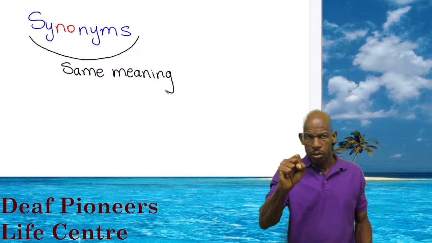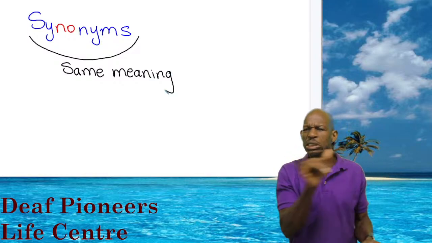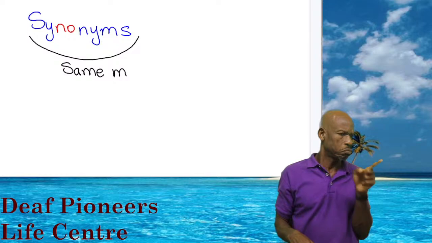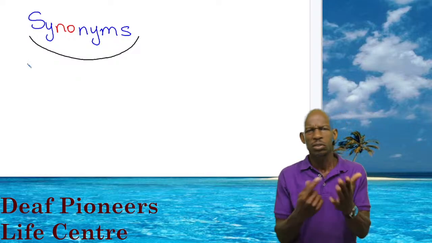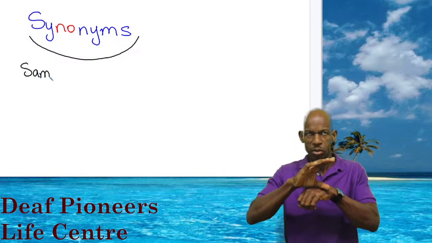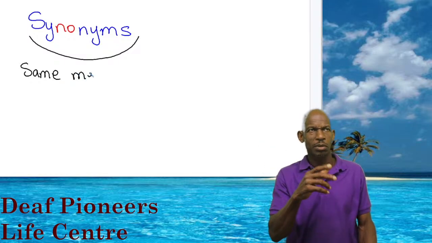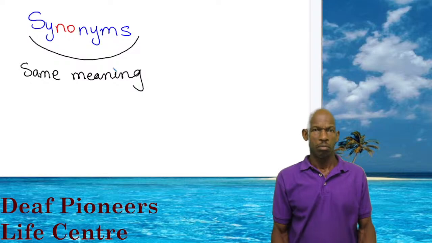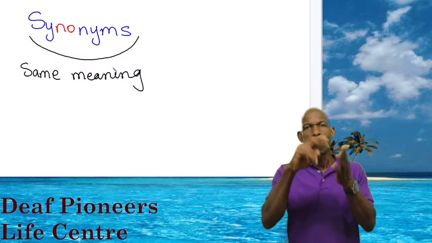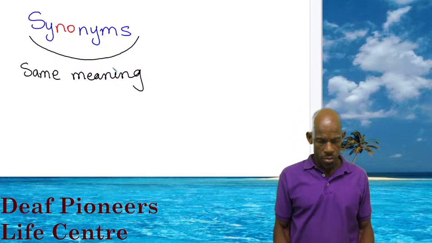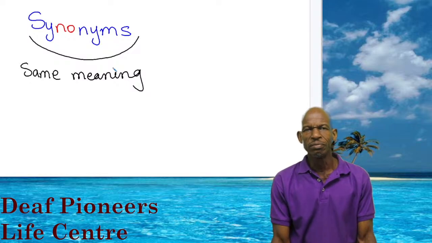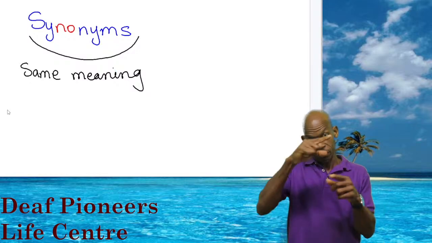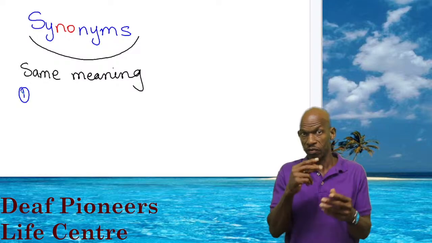You're looking at words that have the same meaning. I'm just carrying it across a little bit so I'll get more space. Right, so we're going to list some verbs, action words that we are looking at.